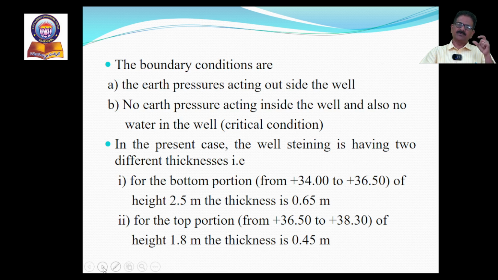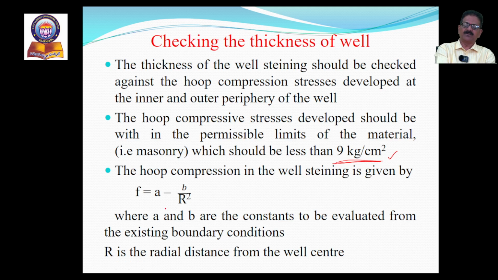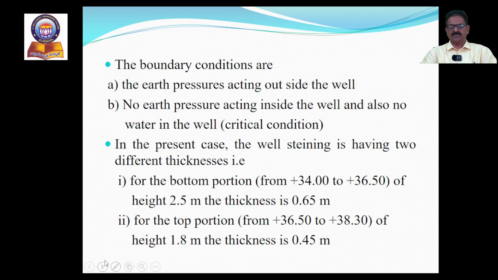With respect to these, we are going to evaluate the constants A and B in the above equation for hoop stress, F equal to A minus B by R square.